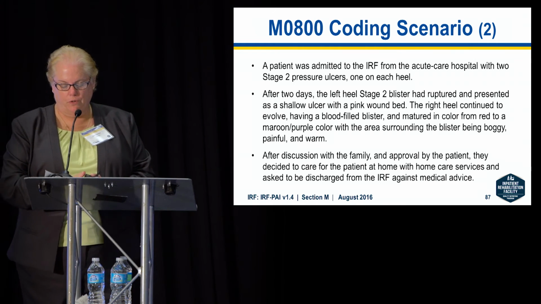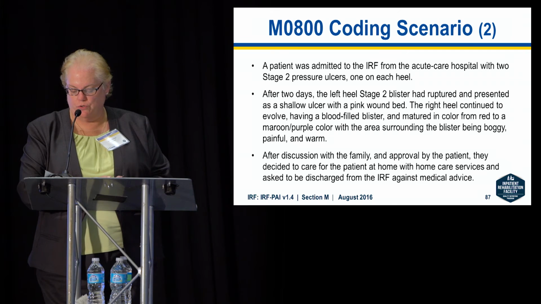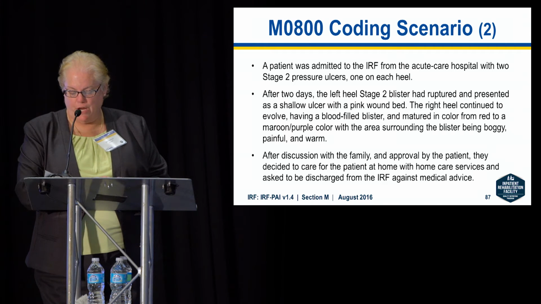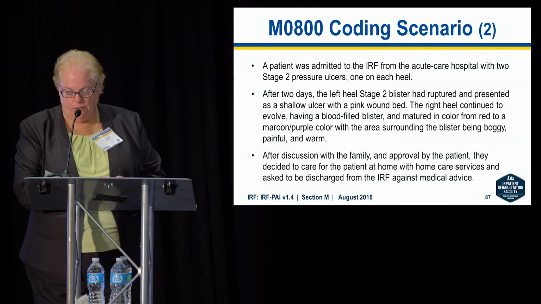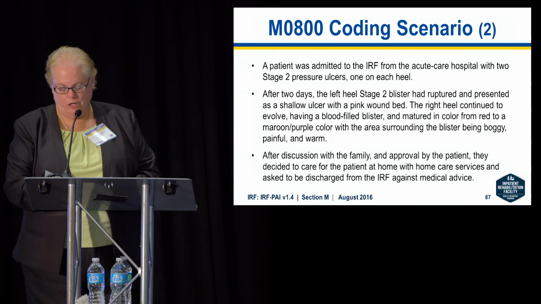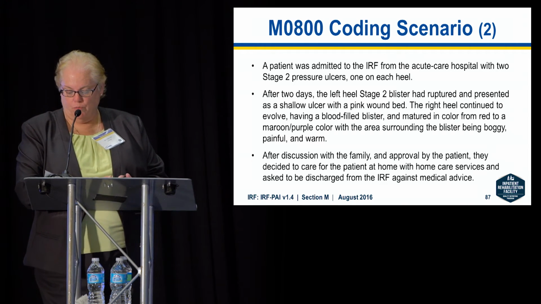So now we're going to do coding scenario 2. A patient was admitted to the IRF from the acute care hospital with 2 stage 2 pressure ulcers, 1 on each of their heels. After 2 days, the left heel stage 2 blister had ruptured and presented as a shallow ulcer with a pink wound bed. The right heel continued to evolve, having a blood-filled blister and matured in color from red to a maroon/purple color, with the area surrounding the blister being boggy, painful, and warm.